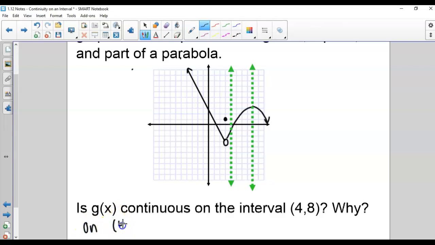The interval from 4 to 8. The graph is a continuous parabola.